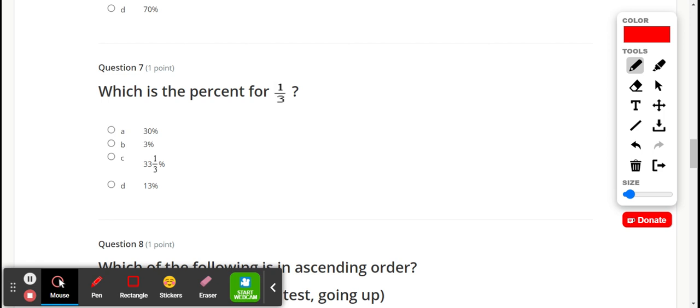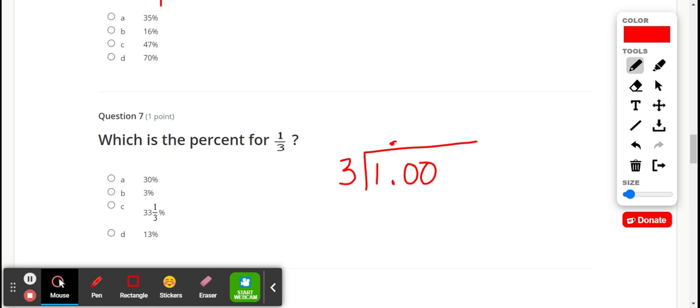So what percent is 1/3? 1 divided by 3. So continue at number 7. 3 goes into 1 0 times. 3 goes into 10 3 times. 3 times 3 is 9. We subtract. There's a remainder of 1. Bring the 0 down. 3 goes into 10 3 times. 3 times 3 is 9.